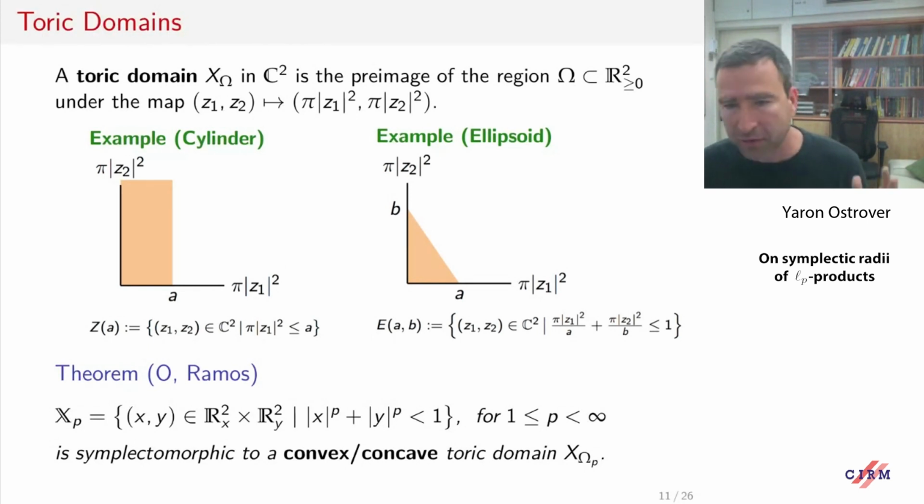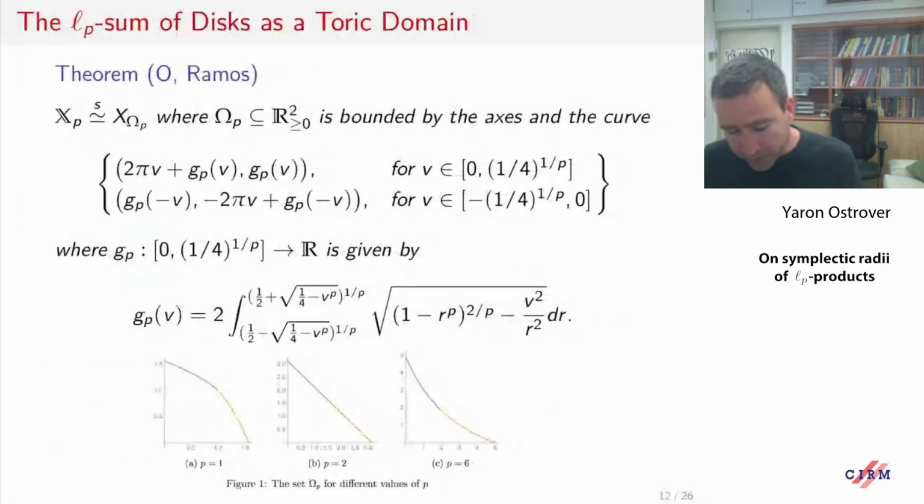The case of convex and concave toric domains is a very special case where there are lots of tools developed by many people that can be used to tackle symplectic embedding questions. Now, what is the toric image of this configuration? Well, it's quite complicated. Again, it can be computed very precisely, but the formulas are somewhat horrible.